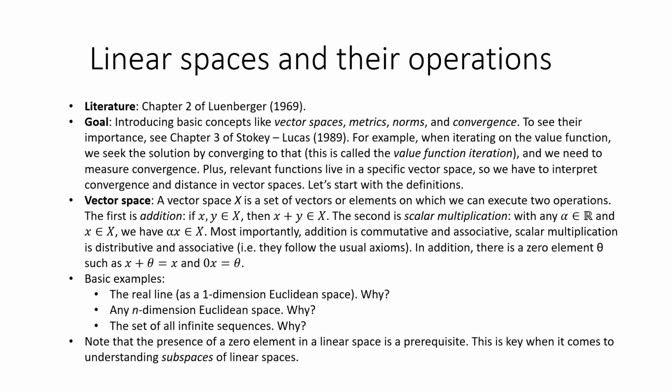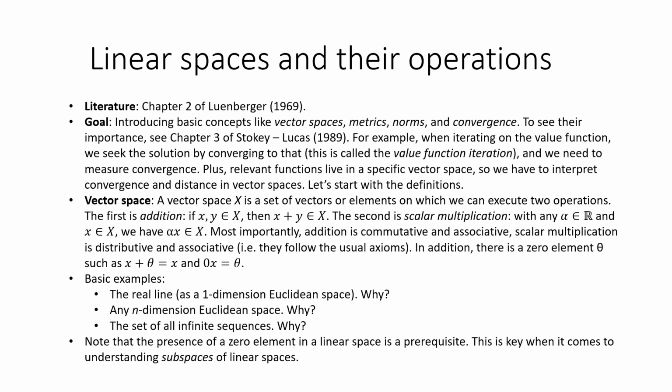A vector space is a set of vectors or elements on which we can execute two operations. The first is addition. When x and y are elements of vector space X, then their sum is also an element in the same vector space.